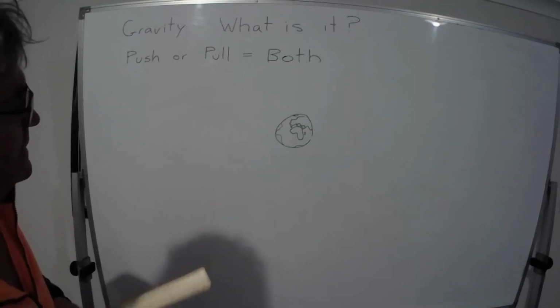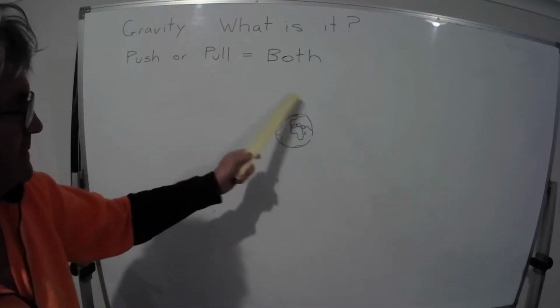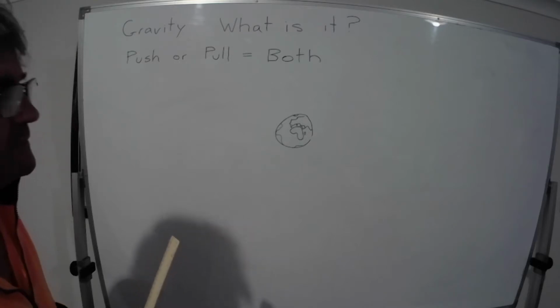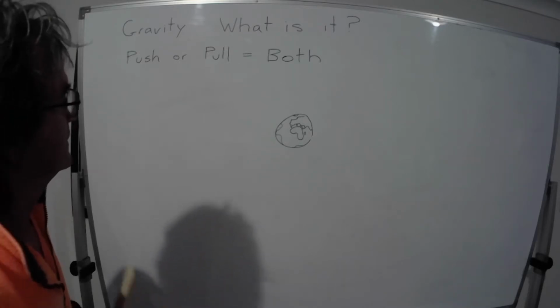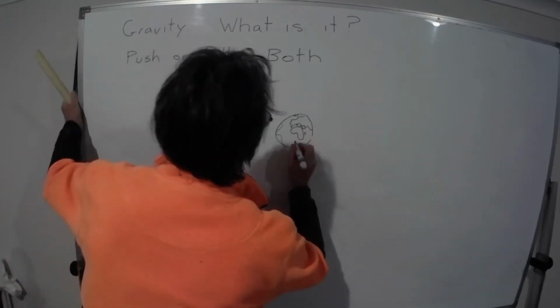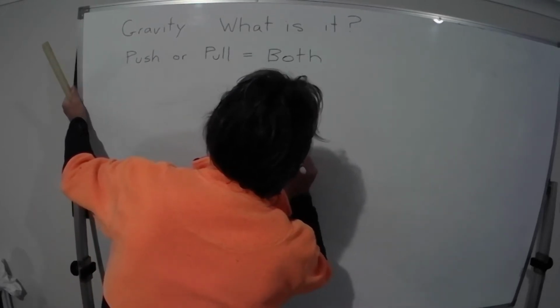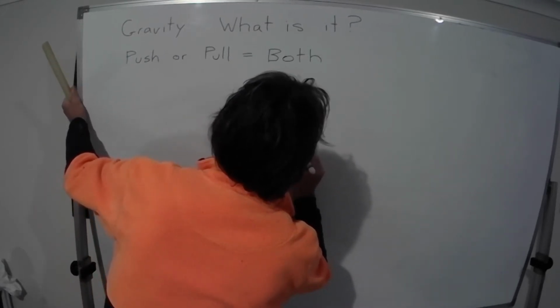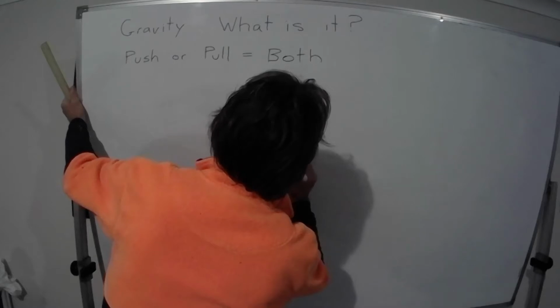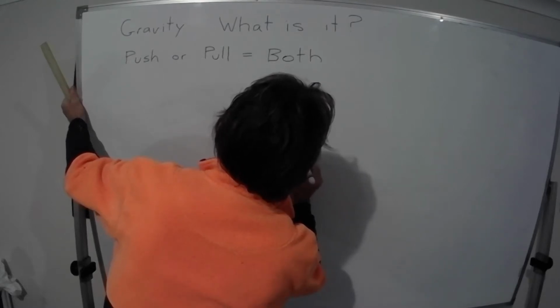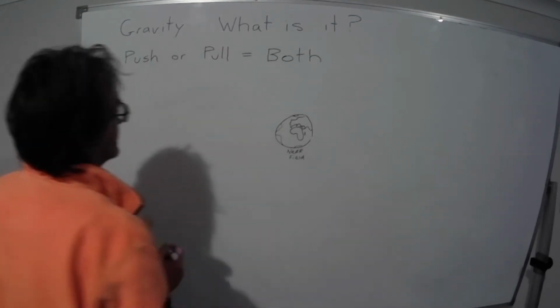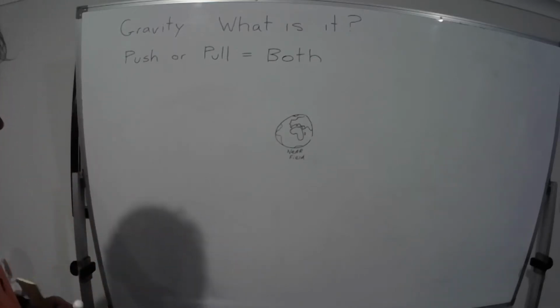So the gravitational field around this planet, it's what I call the near field. So I'll write that in here. Near field. Okay.